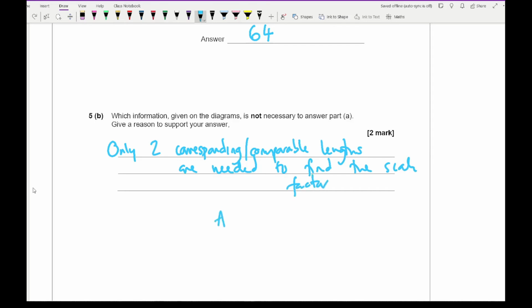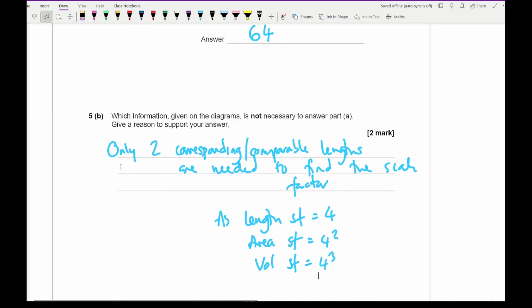And you could say as long as the length scale factor is, let's say, 4, then the area scale factor will be 4 squared and the volume scale factor would be 4 cubed, and you could get the answer that way as well.